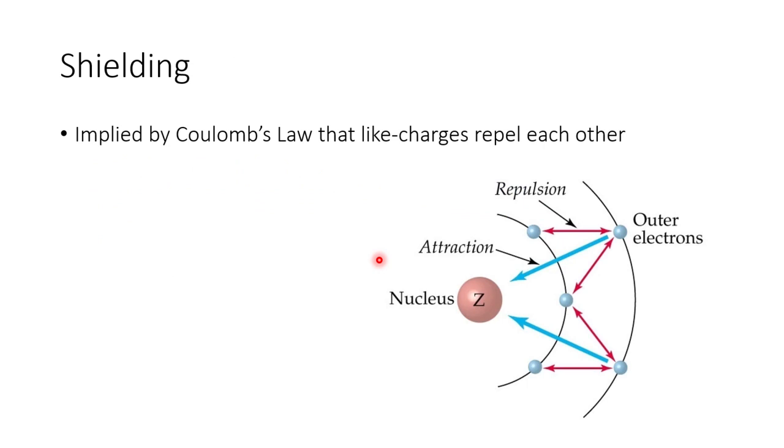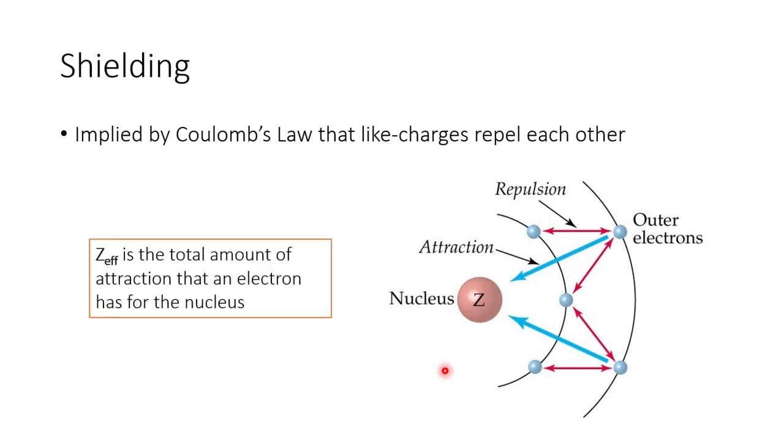Okay, so shielding. This is actually an implication of Coulomb's law. Since according to Coulomb's law like charges repel each other, the electrons in the inner orbital can shield the outer electrons from the nucleus, meaning the outer electrons don't see the full positive charge of the nucleus because there's some negative charge in the way.